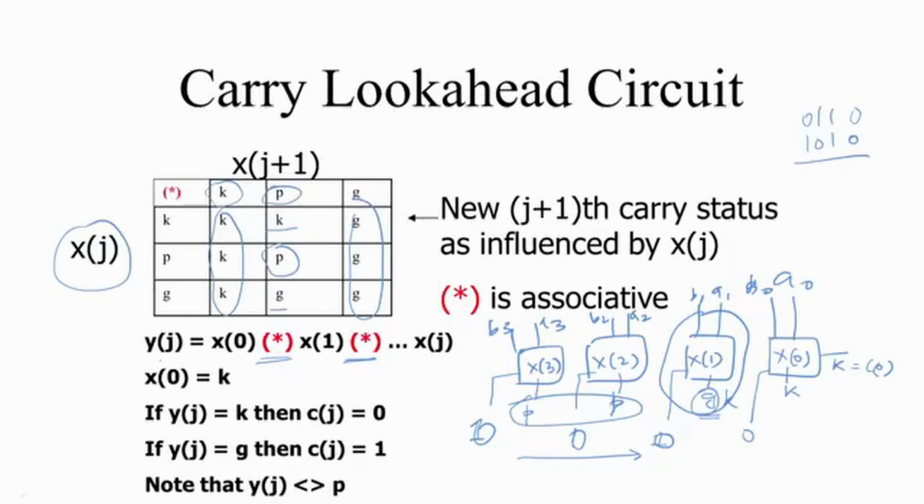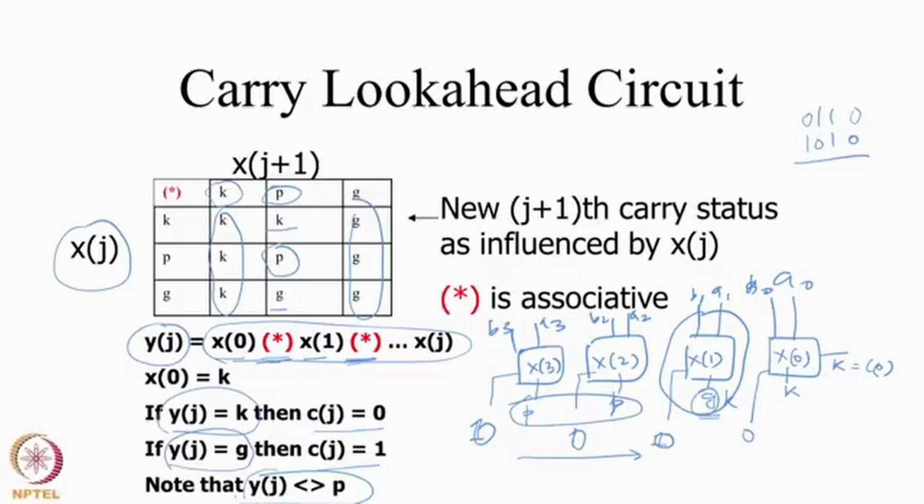So for every stage j I compute yj equal to x0 operator x1 operator x2 till xj. If I do this operation and I get yj equal to k, then I know that the carry for my stage is 0. If I get yj equal to g, then my carry is going to be 1. And note that your yj after this computation will never be propagate.